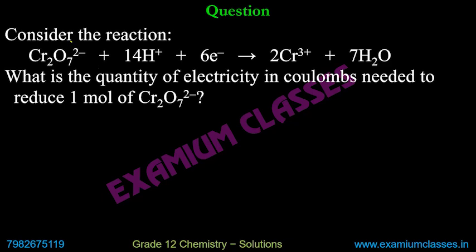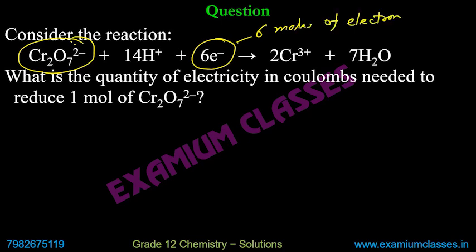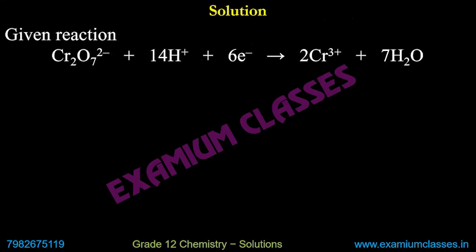How many electrons are getting transferred for 1 mole? 6 electrons. It means it is 6 moles of electrons for 1 mole of dichromate. It can be potassium dichromate, for example. So if you can understand this, you can get the answer.